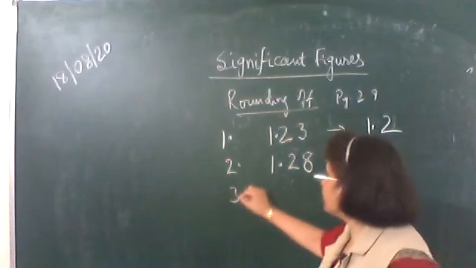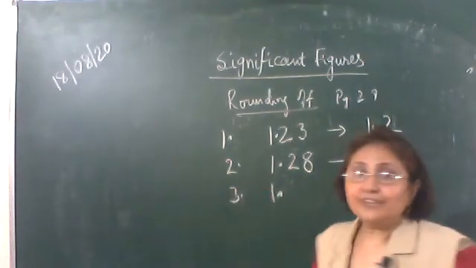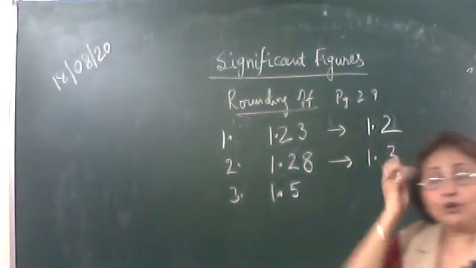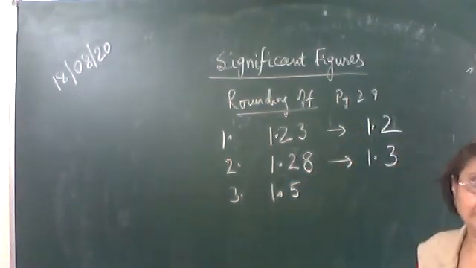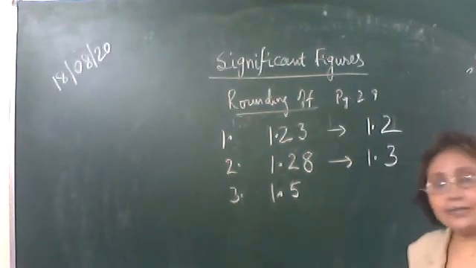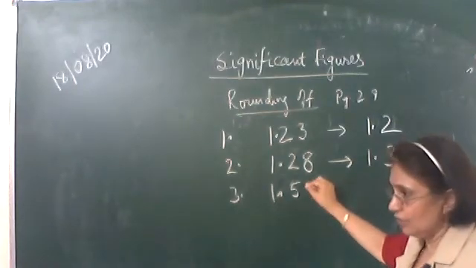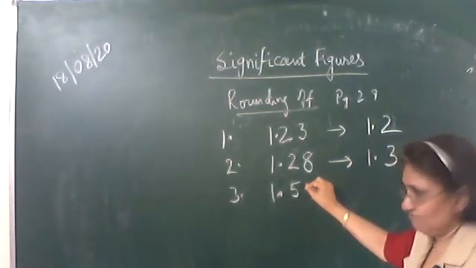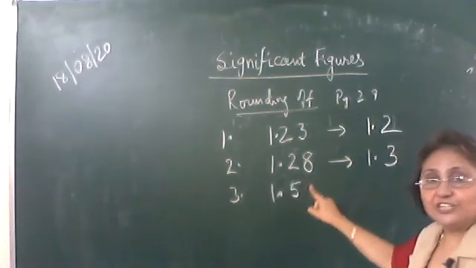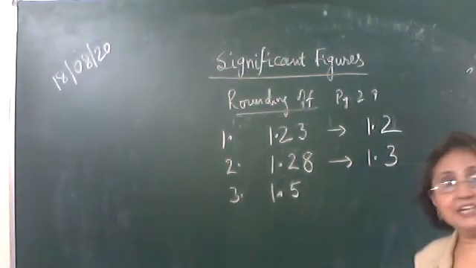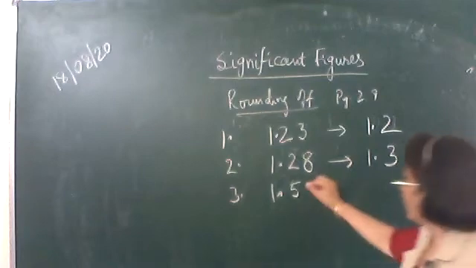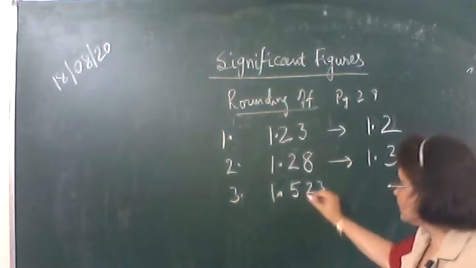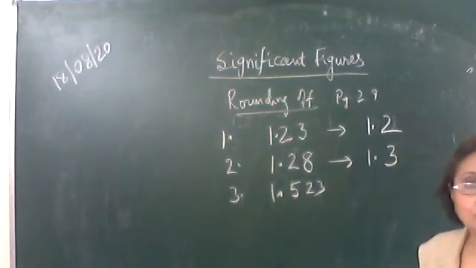The next rule states that if the digit to be dropped is 5 followed by any non-zero digit, for example 1.581, we again express the answer in two significant figures.